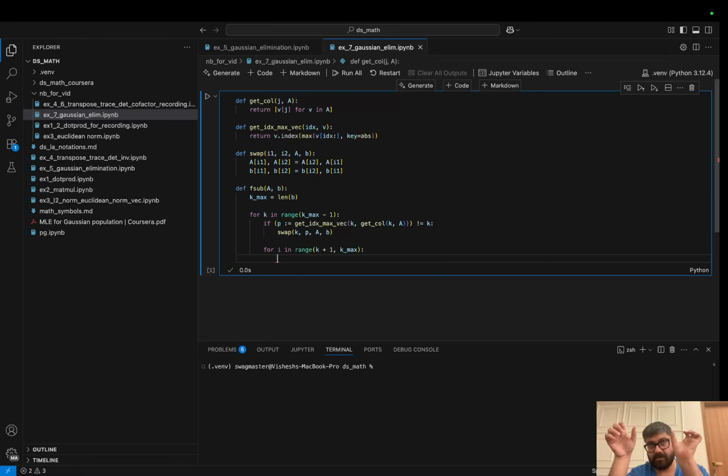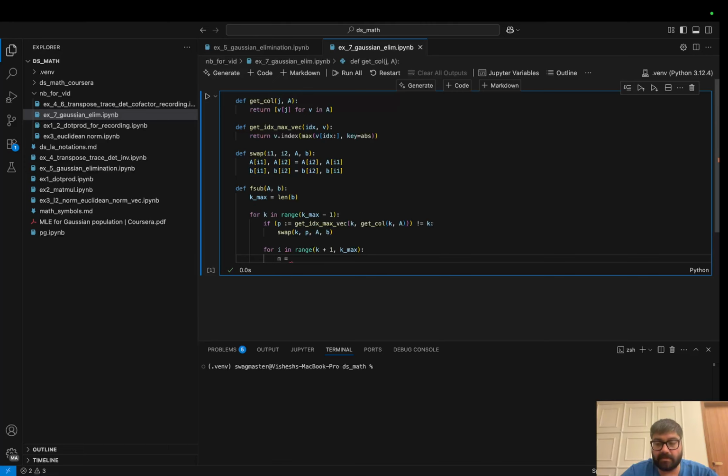But how do we know algorithmically that the multiplier is 3? We can't just blindly do it. For row k, the multiplier would be the element under the pivot, so 3 in this case, divided by the element at the pivot chosen. So that makes sense.